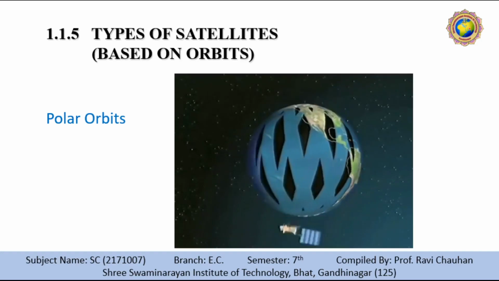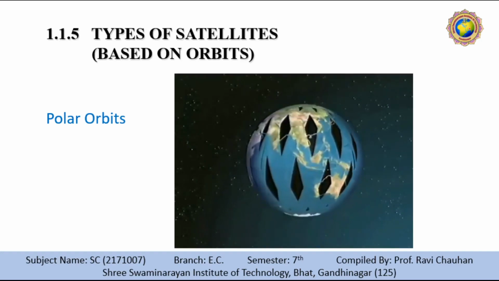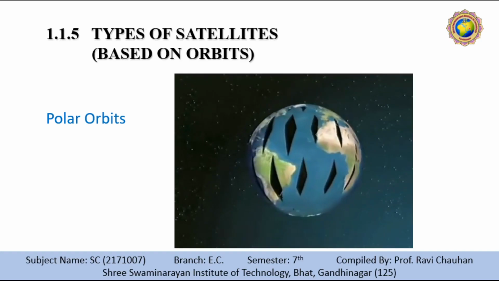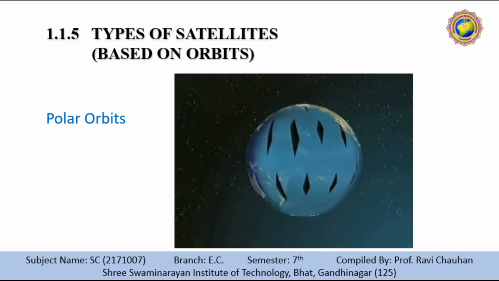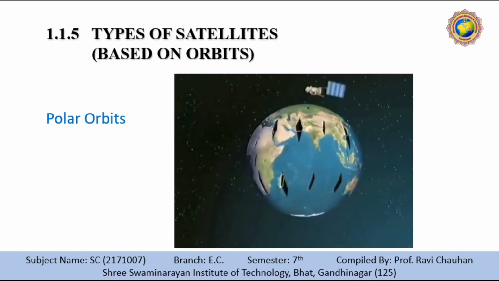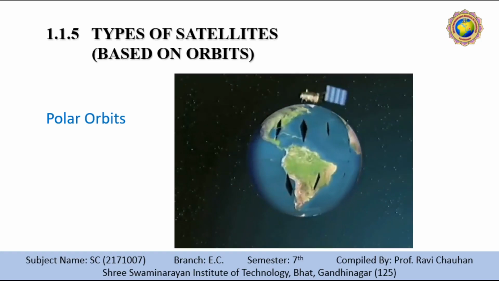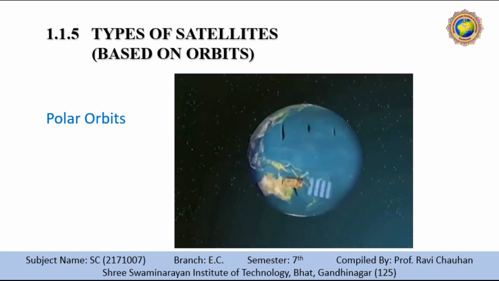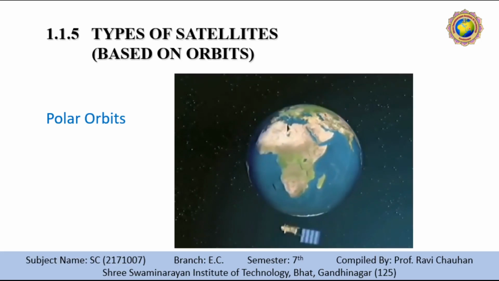A polar orbit comes in this fashion, as seen in the animation, so that it can pass each pole one by one to cover the entire area of our Earth. Look at this. It will cover each and every portion of our Earth. A gap is filled by each revolution.